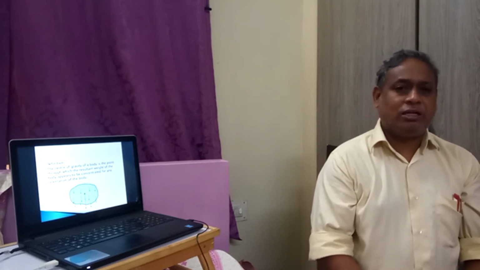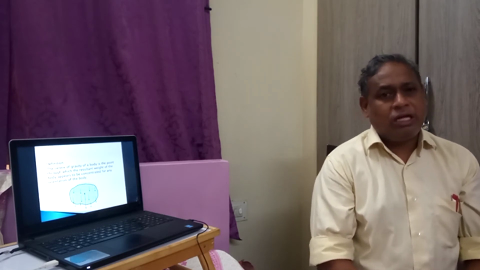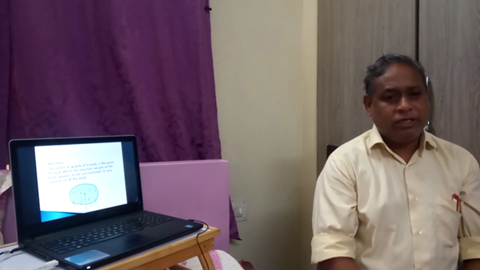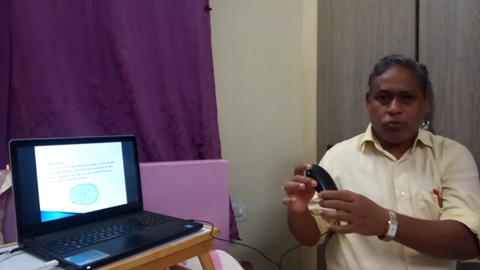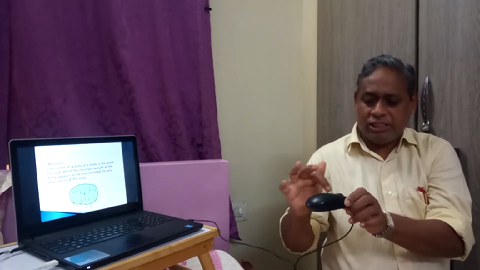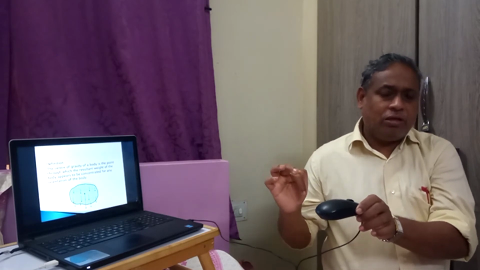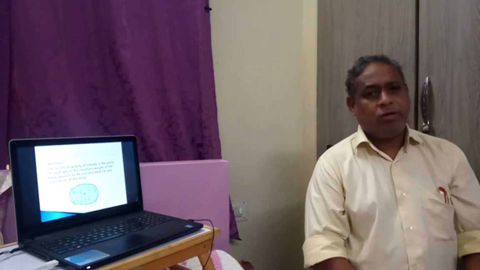For a three-dimensional figure, we have the coordinates of the point as x, y, and z, because it is a three-dimensional body. If we see the center of gravity of this mouse and put it in the x, y, z directions, some x is there, some y is there, some z is there. These three coordinates constitute the location of the center of gravity of any body.